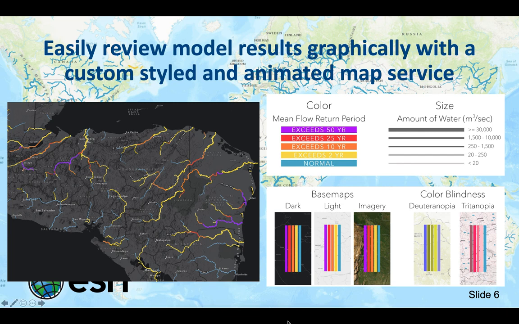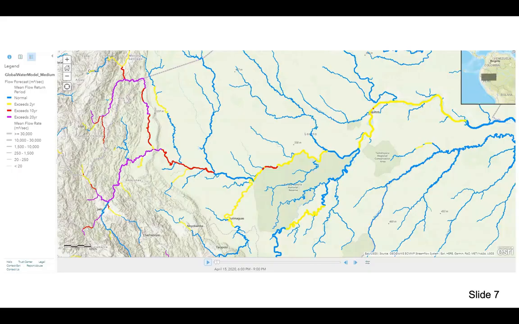And we've also generated a variety of maps and color schemes to make this easy to access online. And this service is available for free using Esri's Living Atlas, so any web map or GIS software should be able to ingest this mapping service quite easily. And I mentioned this is animated, so I've got a demonstration video of the animation.